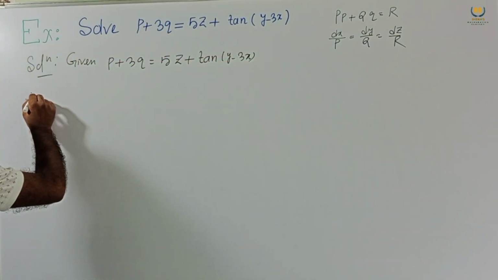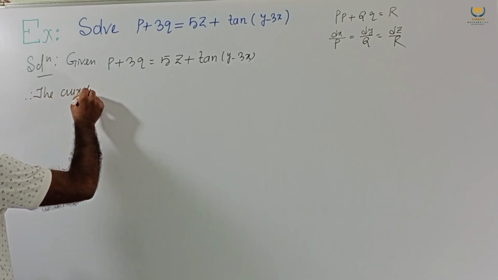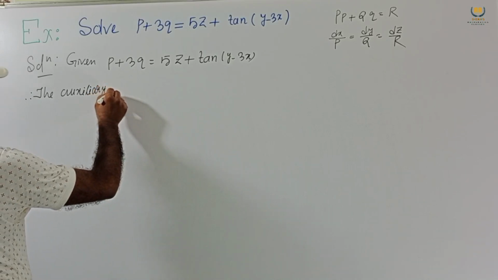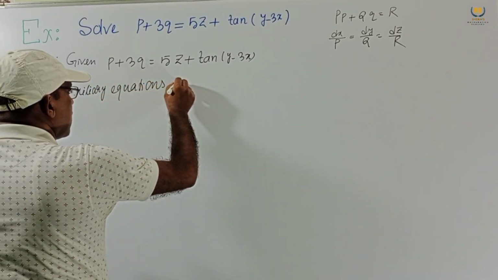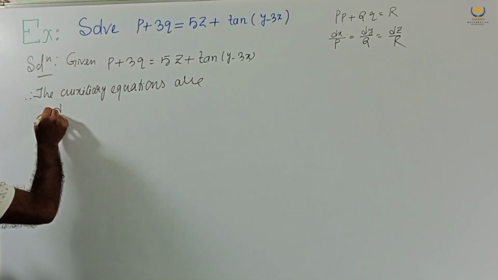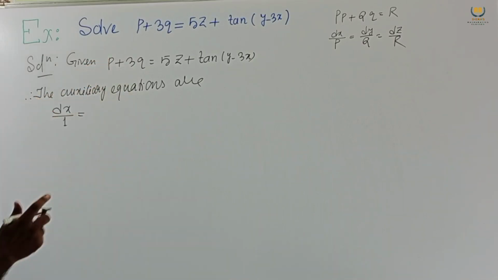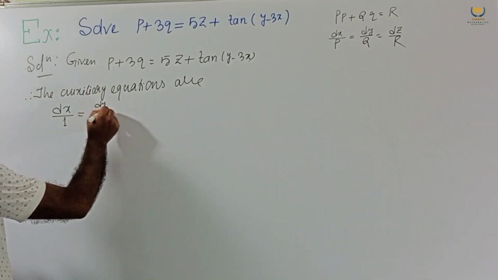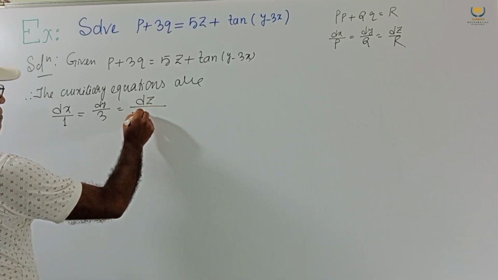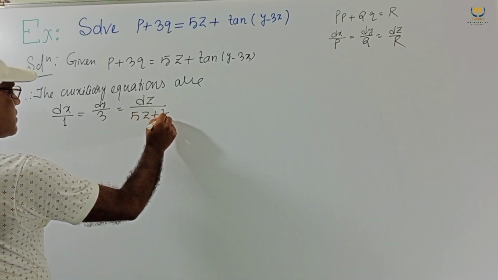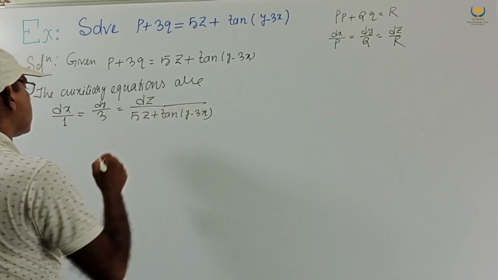So therefore the auxiliary equations are dx by 1, this capital P means 1, dy by 3, dz by 5z plus 10y minus thrice x.